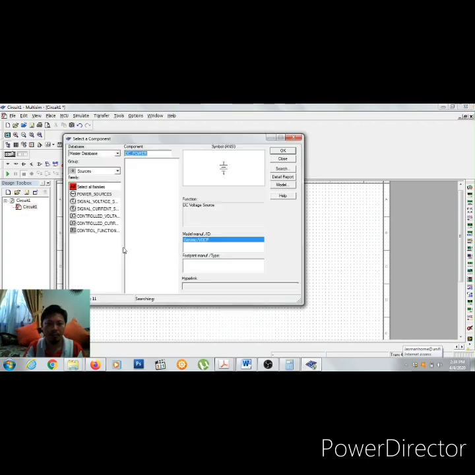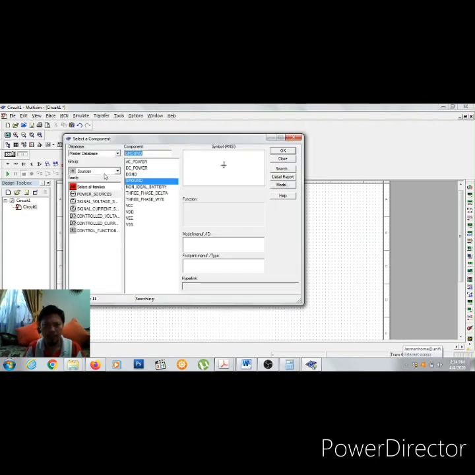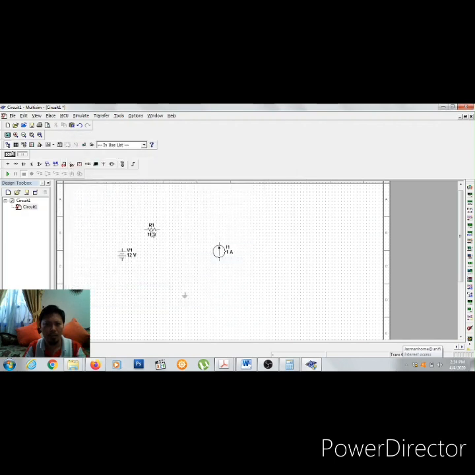So, saya cuba buat soalan lain yang mana kita ada dua supply, current supply dan juga voltage supply, and then kita ada apa? Kita ada satu, dua, tiga, empat dan 5.